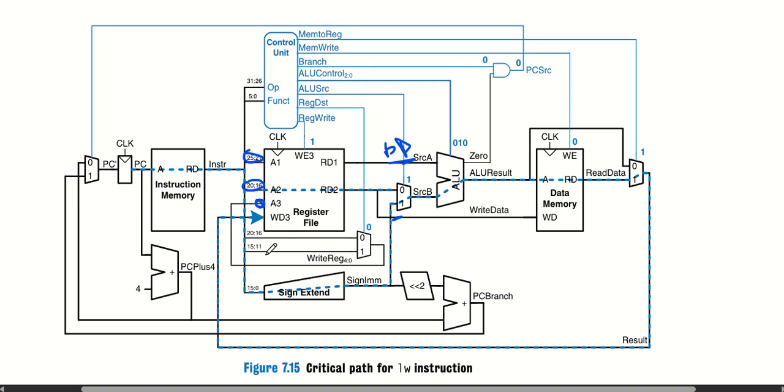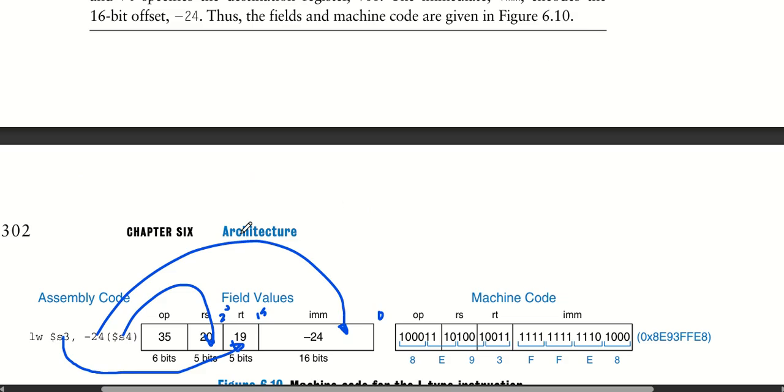Remember, R type was using what? 15 to 11 for the destination. I type uses 20 to 16 for the destination register.